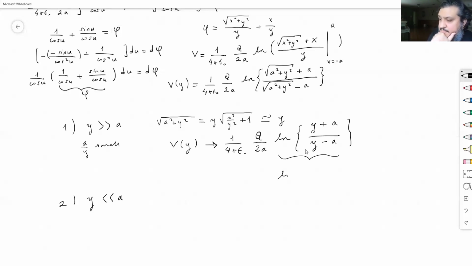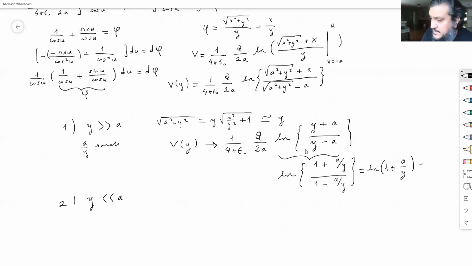This is then equal to, if you factor y out, 1 plus a over y here, and 1 minus a over y here, which is equal to ln of 1 plus a over y, minus, right? The logarithm of x over y is the logarithm of x minus the logarithm of y.